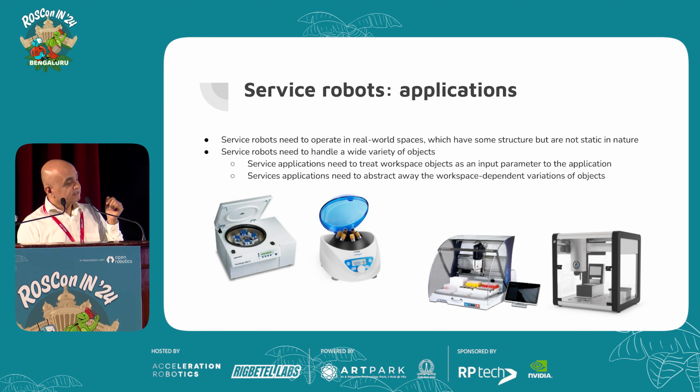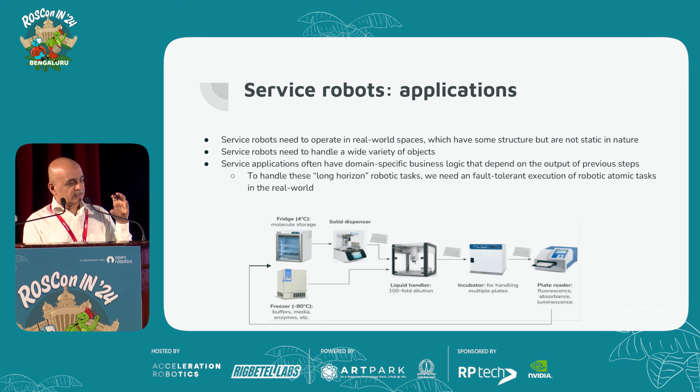And number 3, the last one, is the fact that in the real world there is a wide variety of objects you're operating on, but also the logic at a given step depends on what happens before. At the bottom, you see a typical pipeline used in drug discovery, the first few phases of the drug discovery pipeline.